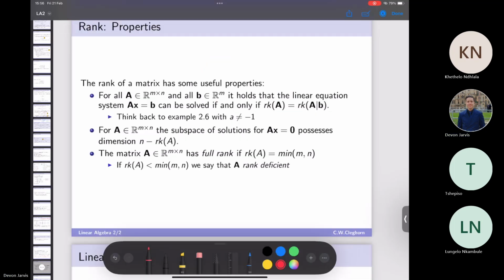Okay, and then somewhat importantly, if A defines, if we're looking at solving the homogeneous system of linear equations, the rank of the solution space to that is n minus the rank of A. Okay, and again, think back to the example I just made. My columns of A define a 2D plane in this room. I can move along this plane anywhere. I cannot move along that diagonal over there.